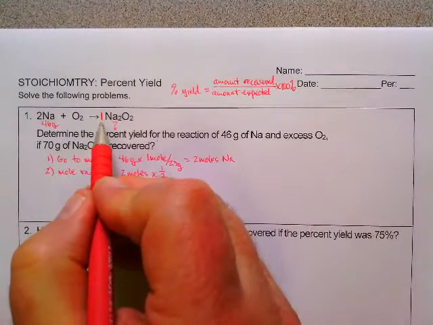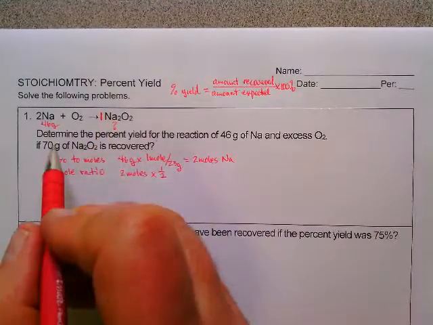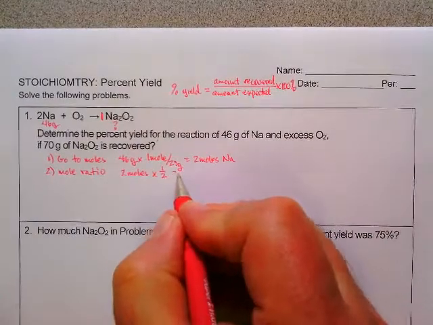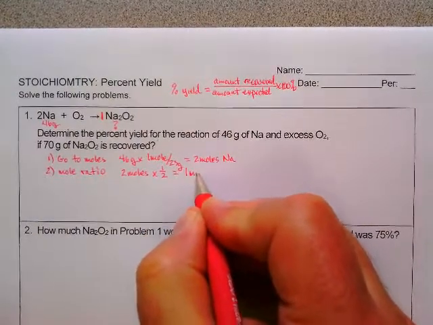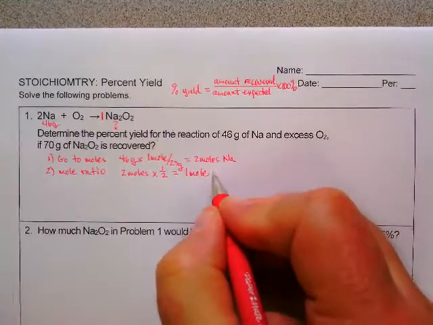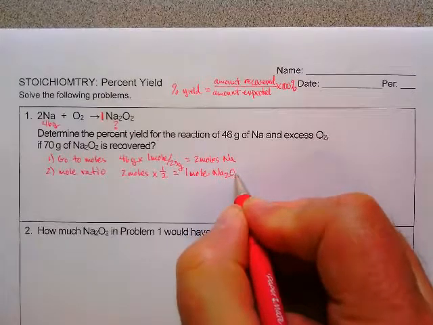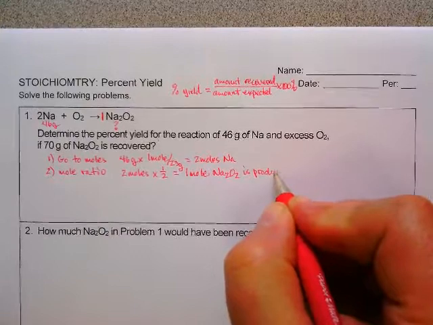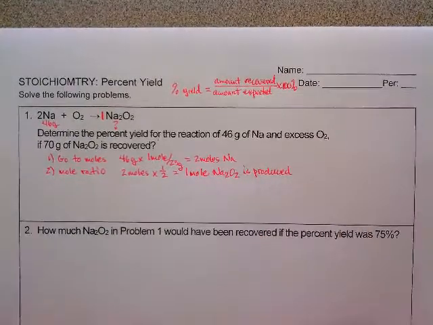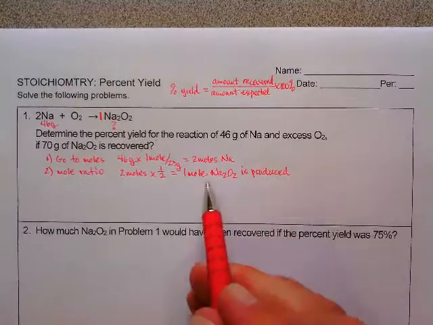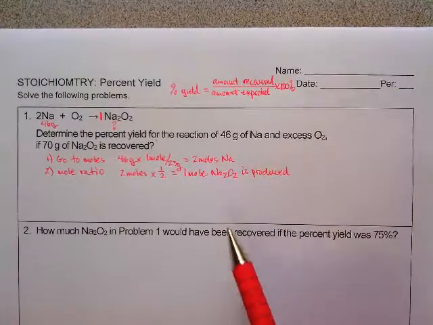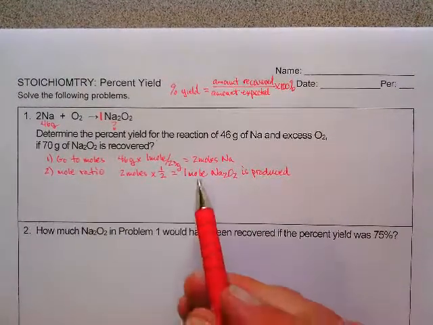The 1 is from what's in front of the Na2O2 and the 2 is from what's in front of the Na. And so that tells us that 1 mole of Na2O2 is produced. And again, it does help to do some labeling just so you can keep everything straight.